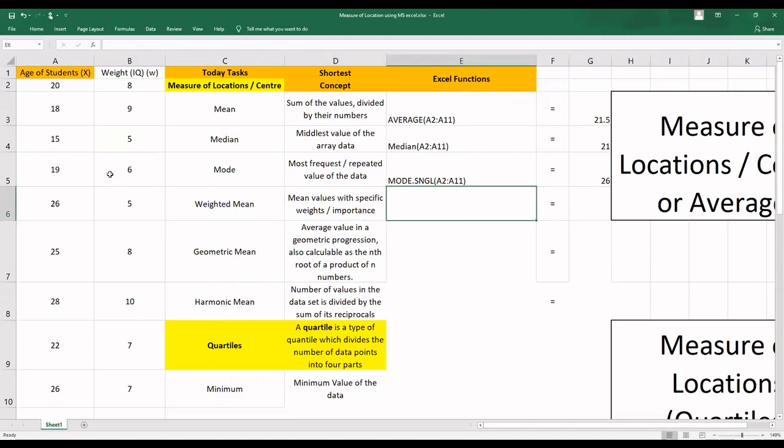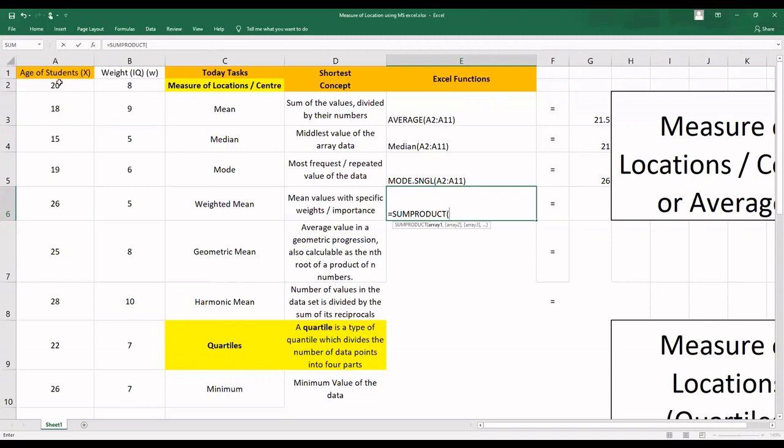Here the importance is the weight, as we are using IQ level. Here is a very simple formula where we use SUMPRODUCT of the age of the students and weight, divided by the sum of weights. SUMPRODUCT means we take the two columns, product and sum at a time, and we will get the solution.